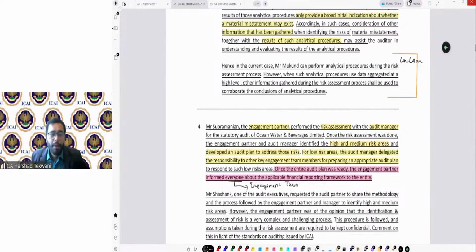Okay, let's go back and you tell me the name of the assertions. Balance sheet assertions or P&L assertions. Which are the balance sheet assertions? Let's go with the balance sheet one. The answer to this question somewhere lies with the assertions. Come on, guys. Tell me the name of balance sheet assertions.